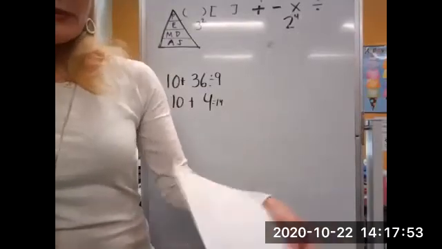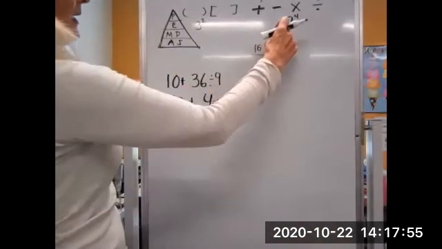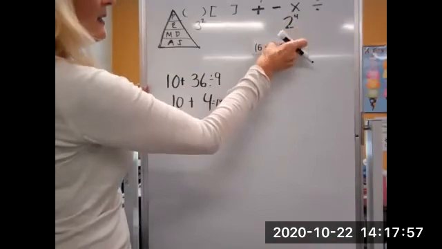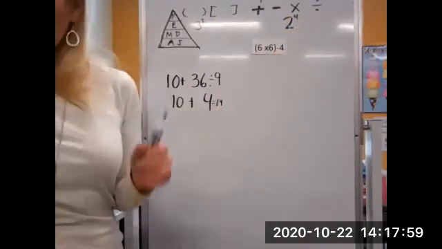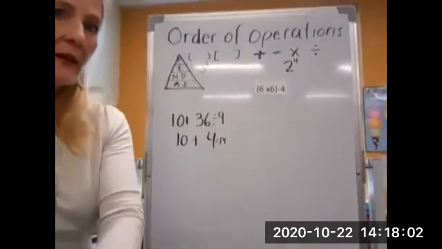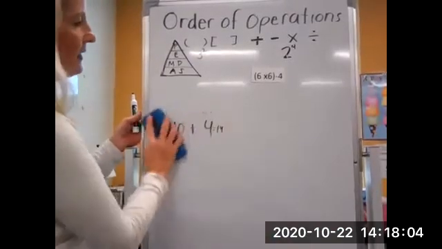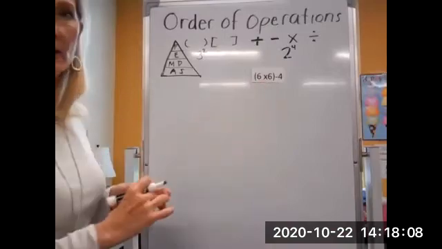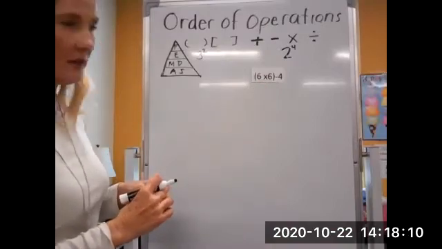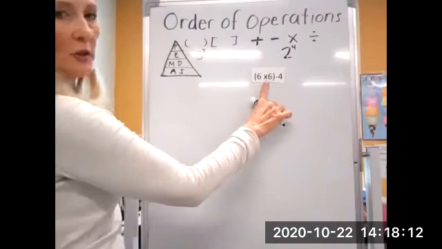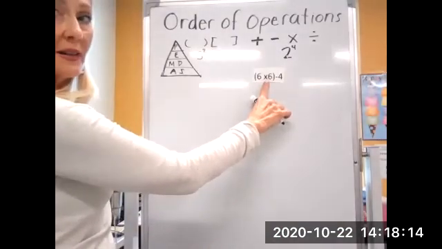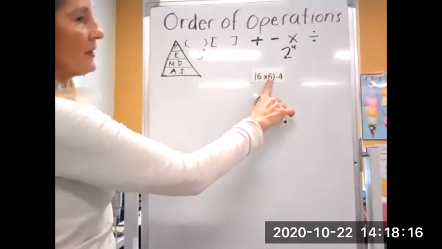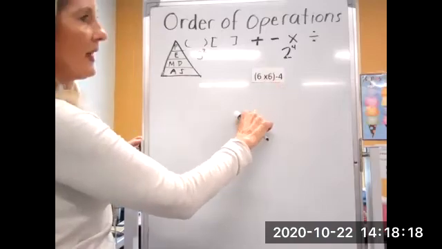Sometimes you're going to have to do the opposite, and you'll be making a phrase from an expression. So make sure you can see that. And while I'm erasing this, you see how you would write a phrase that would describe what's being represented in this expression. So I see multiplication, so I want the product of these two numbers, and then take 4 away from that.